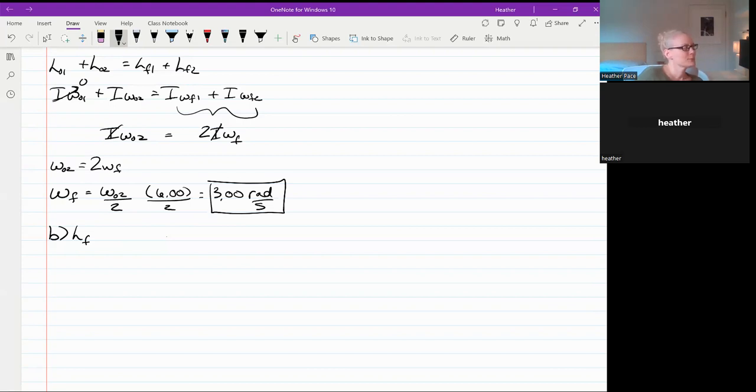What are we given here? We know that what was omega F for the last one is now going to be omega naught for this one. That is 3.00 radians per second.